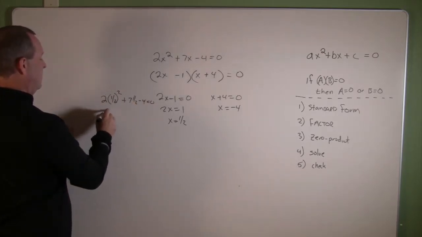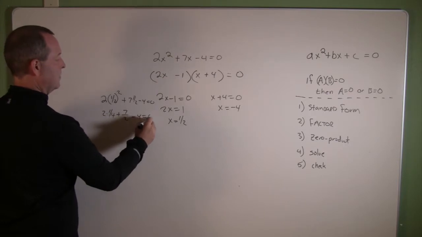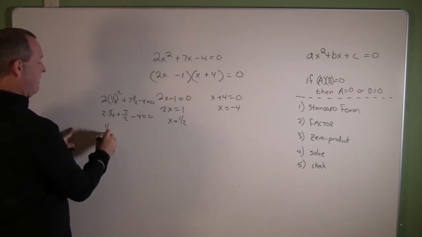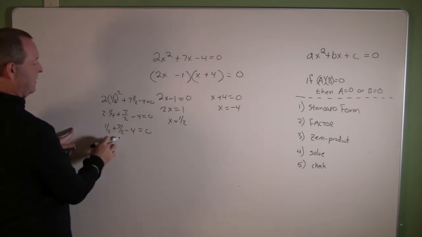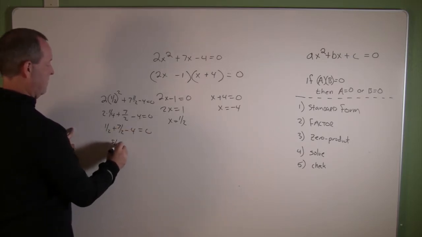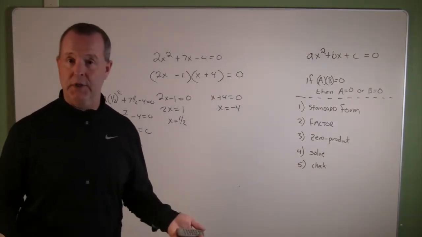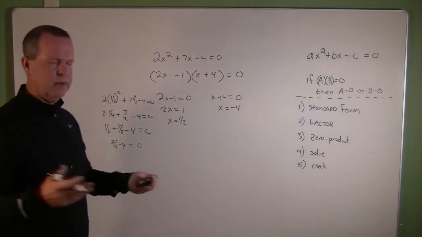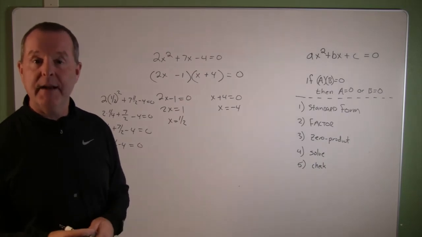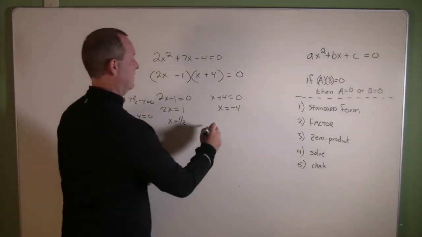That's 2 times 1/4 plus 7/2 minus 4 equals 0. 2 times 1/4, that's 1/2, plus 7/2 minus 4 equals 0. 1/2 plus 7/2 is 8/2, minus 4 equals 0. 8/2 is 4, 4 minus 4 is 0. That solution checks. Even though I was kind of resistant because I had a fraction, I didn't want to deal with it. But if I go slow and take my time, and the more that I do it, the better it'll get. And then let's check out -4.